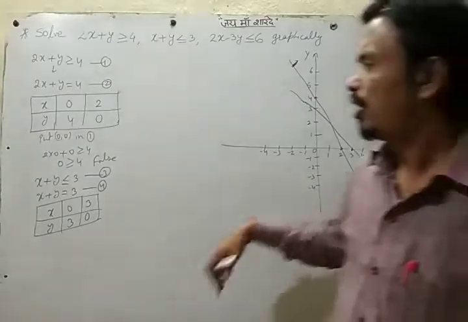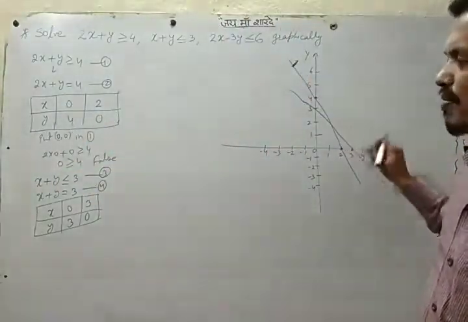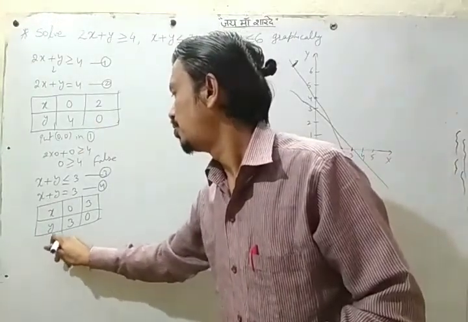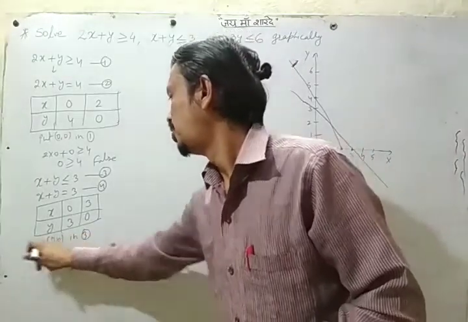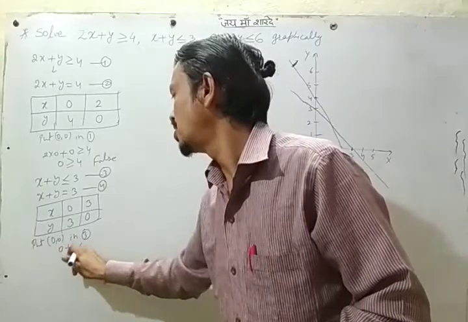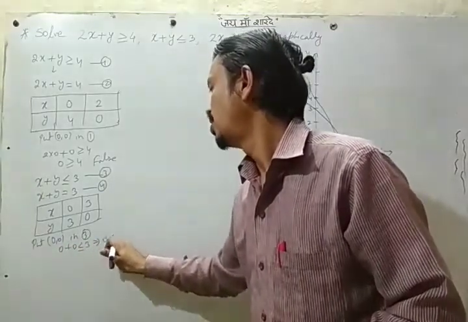Now for its region, we put (0, 0) again because (0, 0) does not lie on this line. Putting (0, 0) in inequation 3, what do you get? 0 plus 0 less than 3, means 0 less than 3. True.